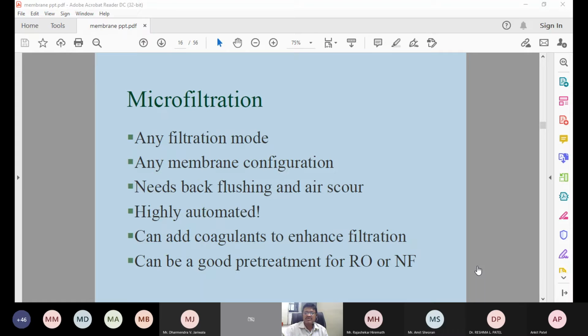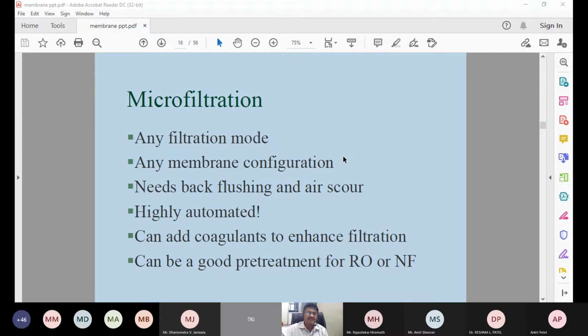Yes. Why? Because if coarser solids go to the RO membrane, it has a very small pore size, and it is very costly also. A microfilter is 200, 300 rupees, and RO membranes are around 4,000, 5,000, depending upon the capacity.